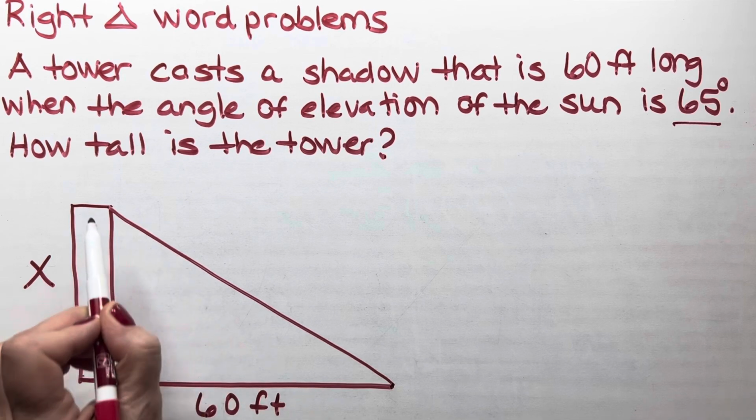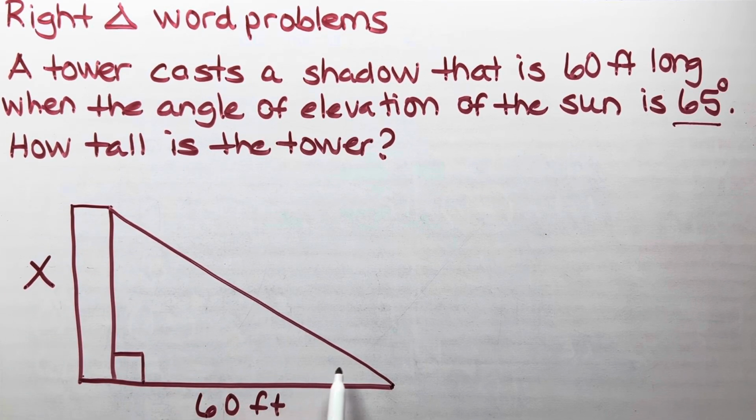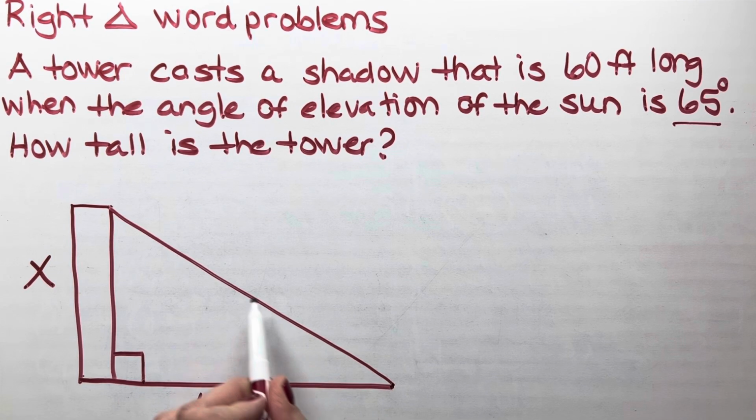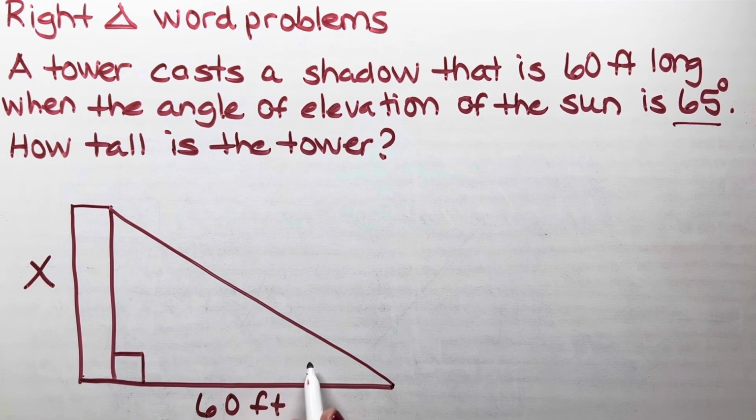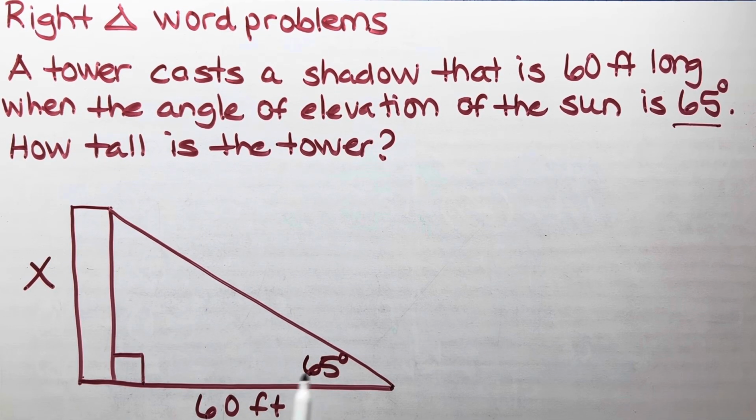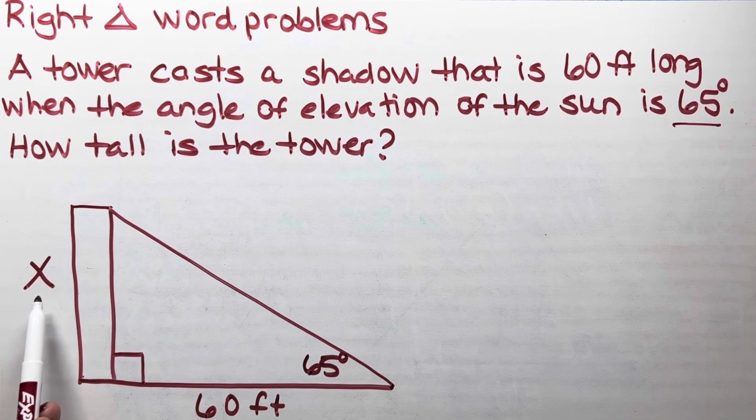So the elevation is that it is going up. And the angle that's formed between the ground and your line of sight looking up to the sky, that's where your 65 degrees goes.